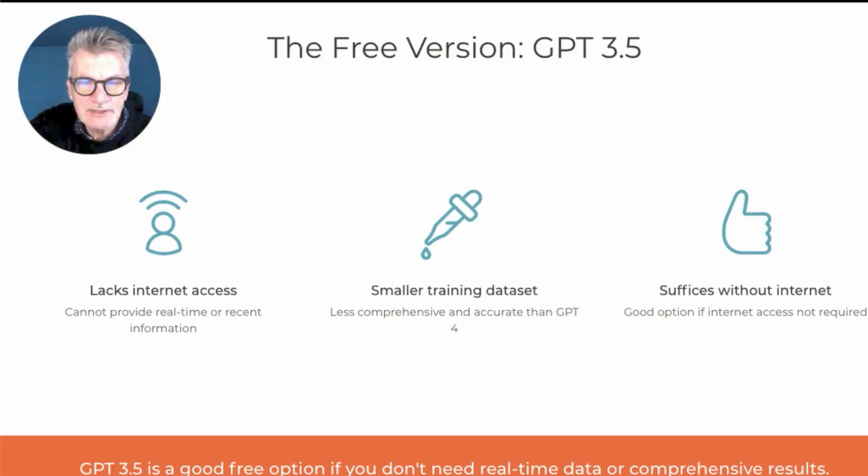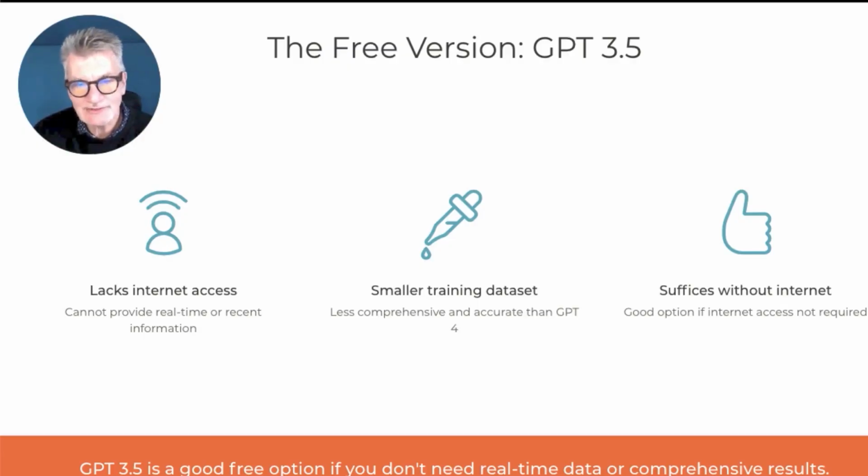One of the prominent limitations then of ChatGPT 3.5 at the time of this recording is its lack of internet access. This implies then that it cannot provide up-to-date information, making it a bit less effective for tasks requiring real-time or recent data. However, there are some GPTs that offer limited internet access, but it's important to note that these might come off as a bit clunky.